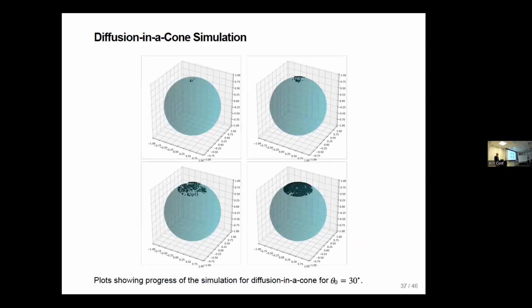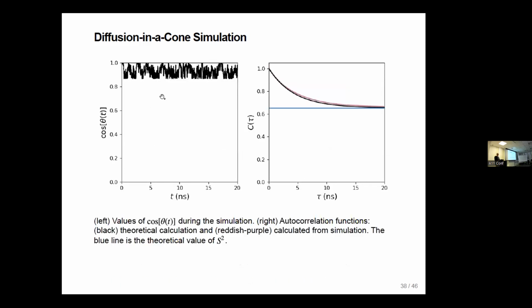I just ran a little computer simulation for diffusion in a cone. So I have a bunch of dots starting at the North Pole, and they can spread out, but they can't leave the cone. So you can see they just explore the cap on the surface of the Earth rather than going all around the Earth. And then here are the fluctuations in the polar angle.